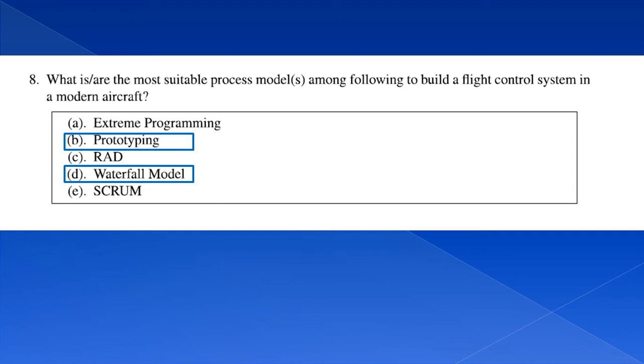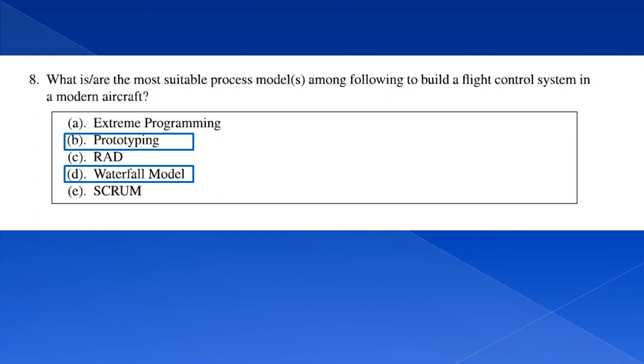Because the waterfall model means that you get the initial requirements at the beginning and you develop the system by the end. So no turnbacks during the development process. And why is prototyping important here? Prototypes are important because you can't change the whole aircraft once it's done.